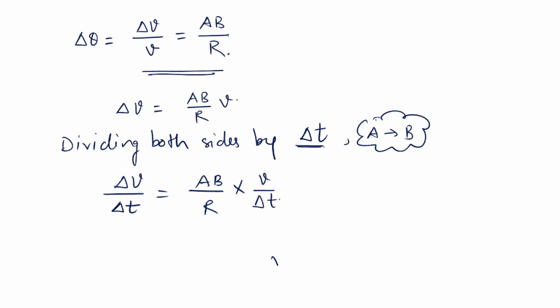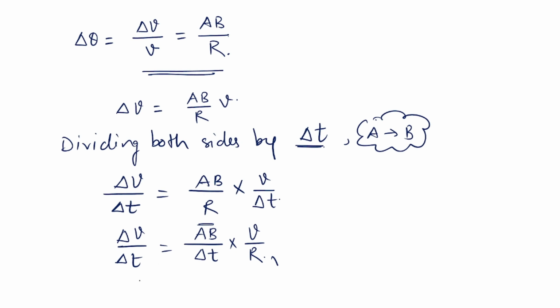So if I rearrange this, it will look like this. Delta v by delta t is equal to AB by delta t into v by r. Now you know AB is the arc length for the circle, right?